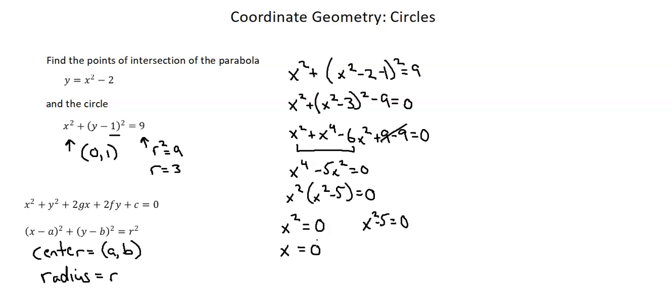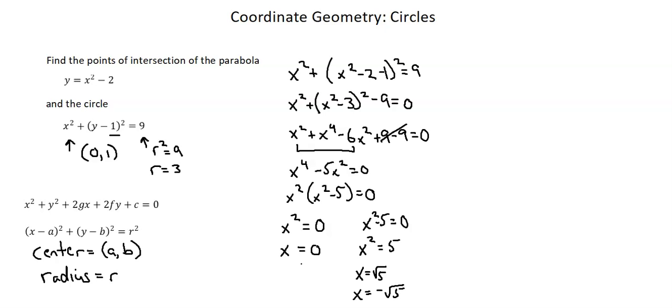When x is 0, x squared is 0. x squared minus 5 equals 0 when x is either, actually let's go one more manipulation, x squared equals 5. What value of x, when squared, results in 5? x is either the square root of 5 or x is the negative square root of 5.